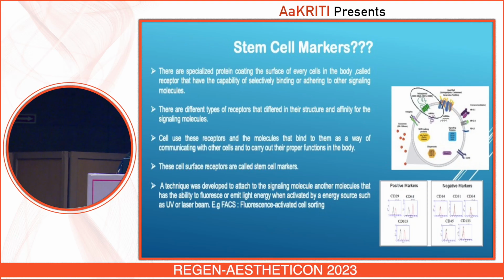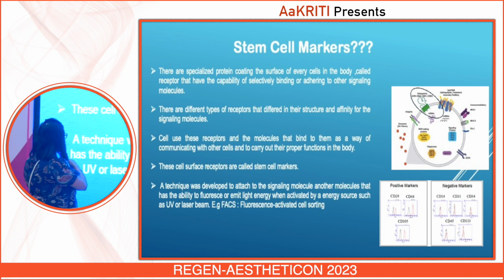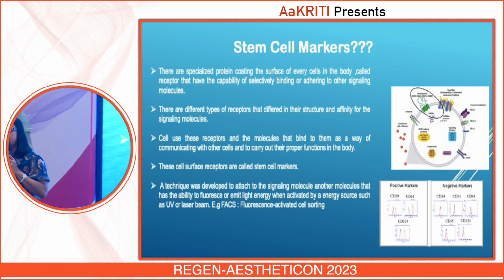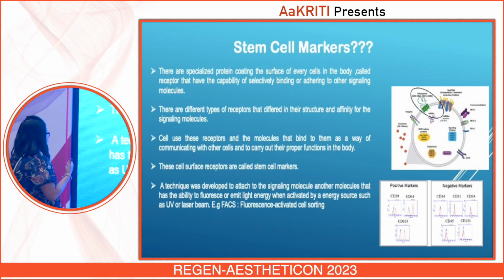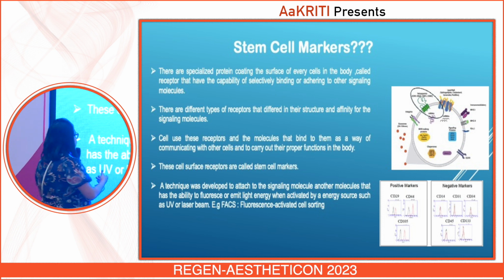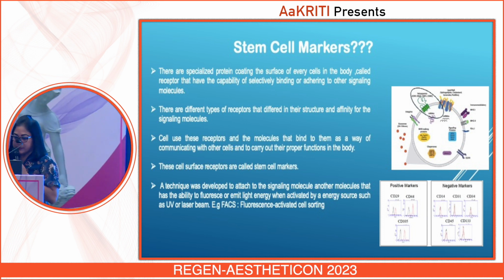When these cells bind to the receptor or molecules, they communicate between cells. This is very important, and these surface receptors are called stem cell markers. They are very important to identify stem cells, and we can sense what percentage is present in the population by FACS. This machine is available in diagnostic labs as well.